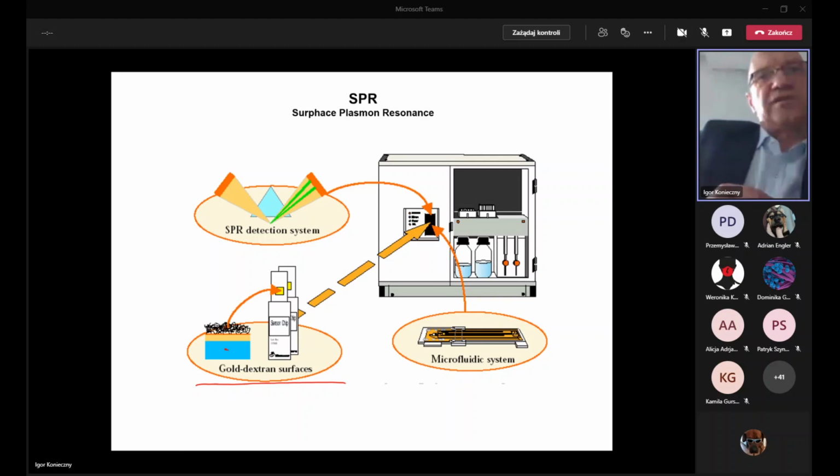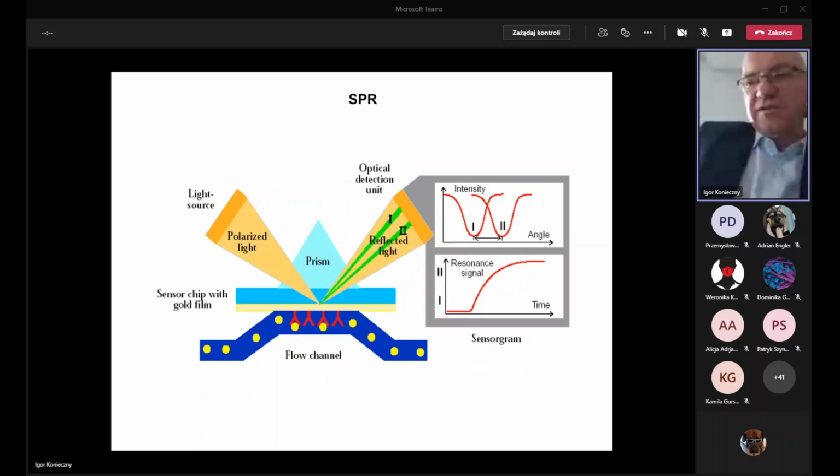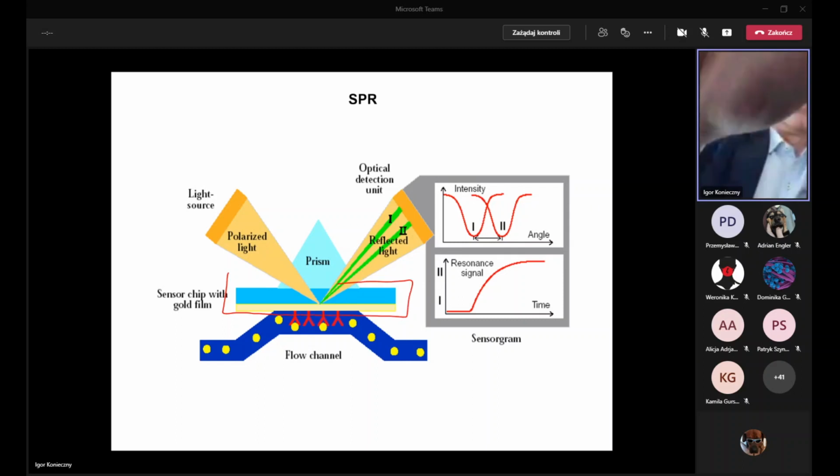Everything is just in the chamber. So this is the sensor chip, this is the gold layer, then you have your ligands attached, for example DNA, and it's a flow channel.